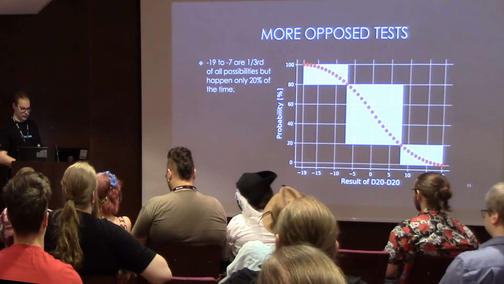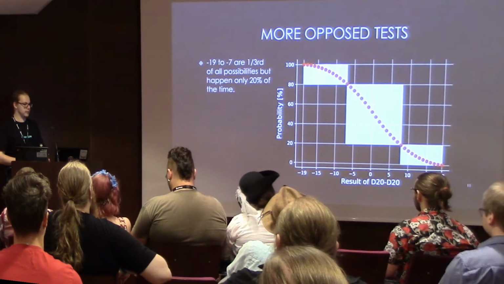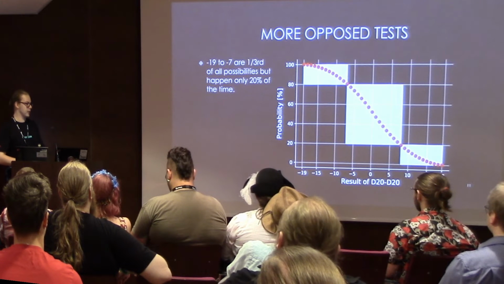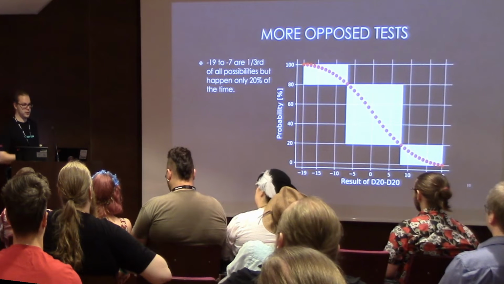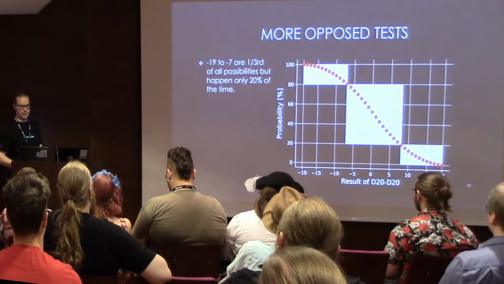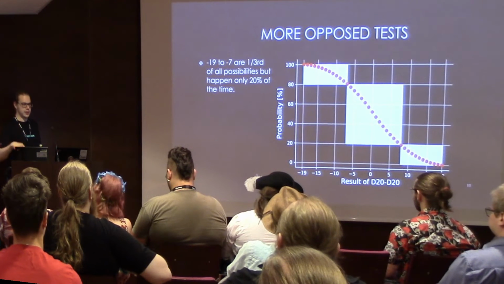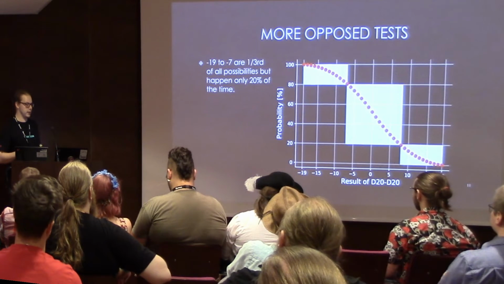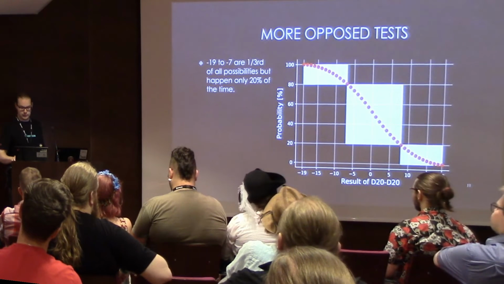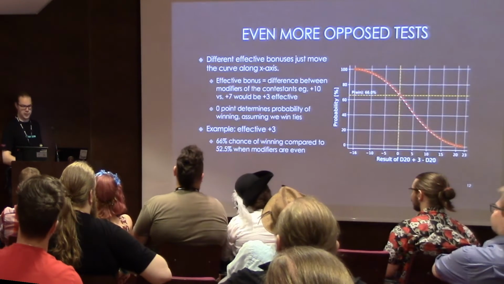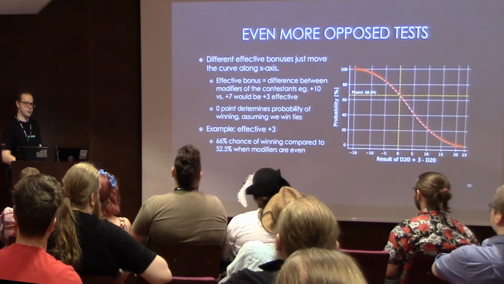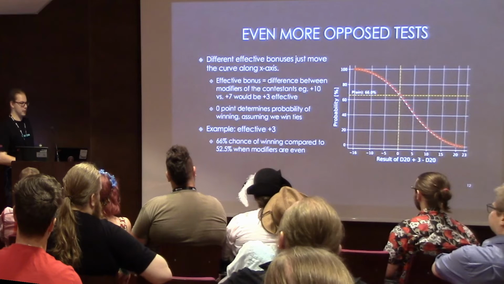Now, of course, we often want to model the skills of our players or opponents through the addition of modifiers or bonuses. So, of course, this was all for just having a single d20 minus a single d20. And what happens when we add modifiers is, well, I think the take-home message should be that nothing happens.